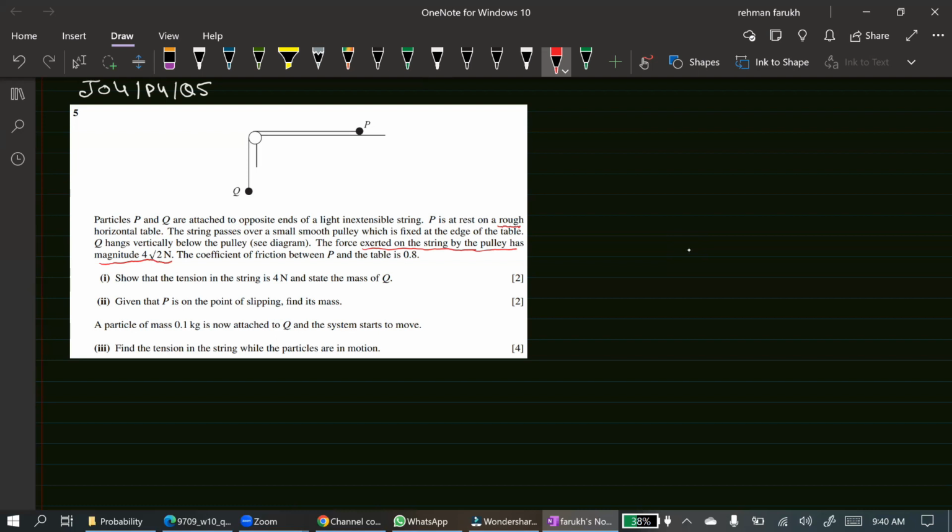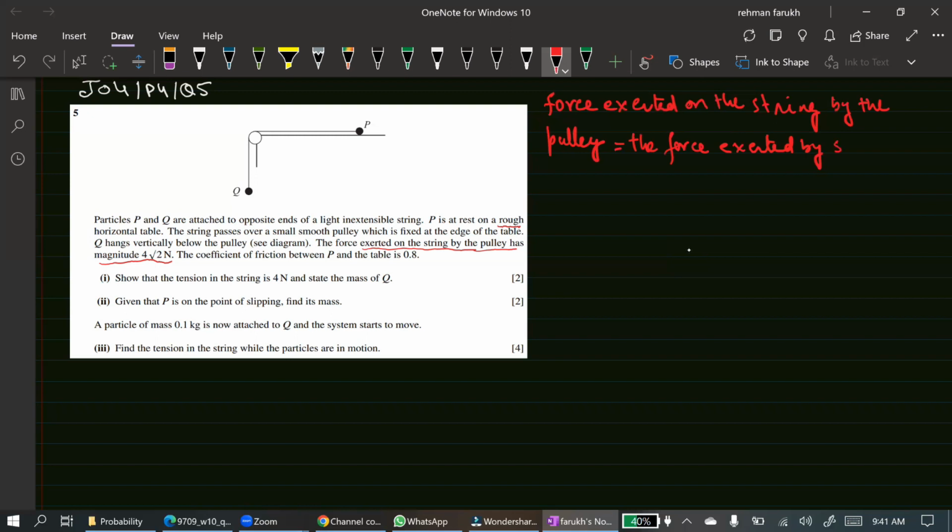Now the force exerted on the string by the pulley is equal to the force exerted by the string on the pulley.